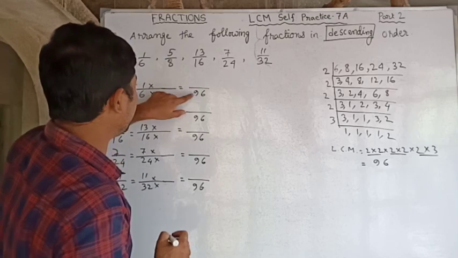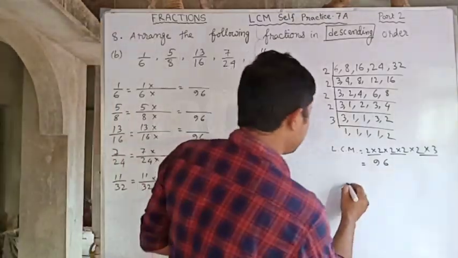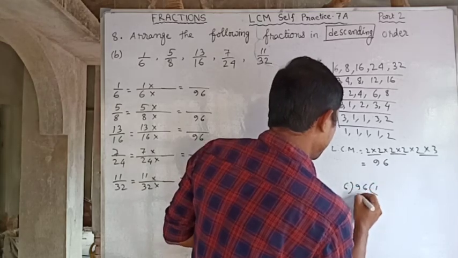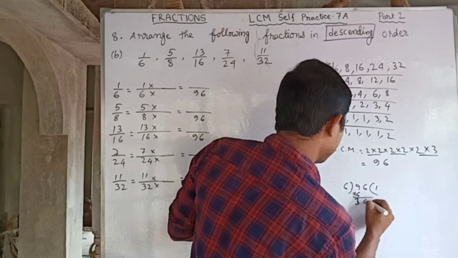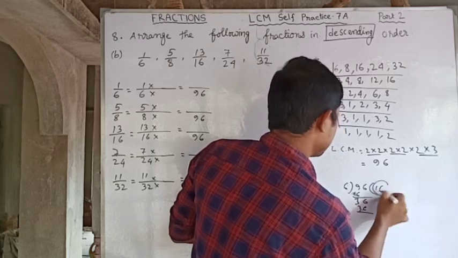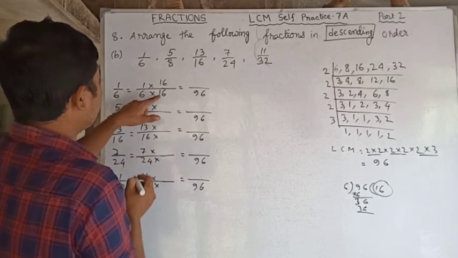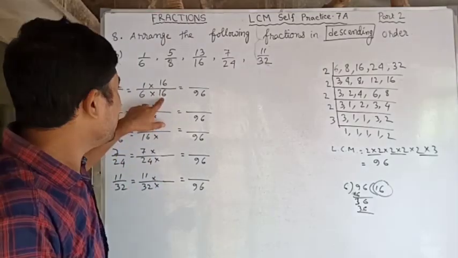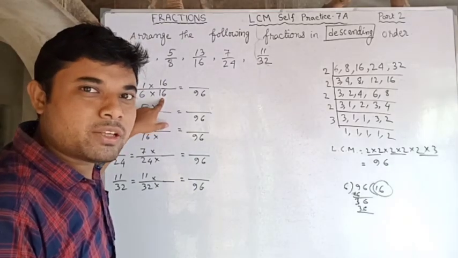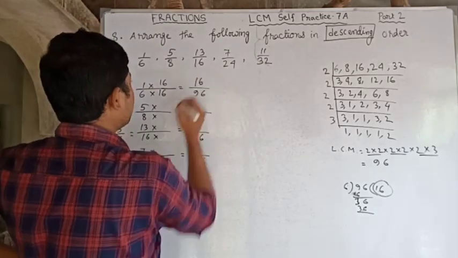So you can just divide 96 by 6, which gives 16. So if you multiply by 16, by 6 you will get 96, and the same 16 you have to multiply with the numerator also. So it will be 16 by 96.